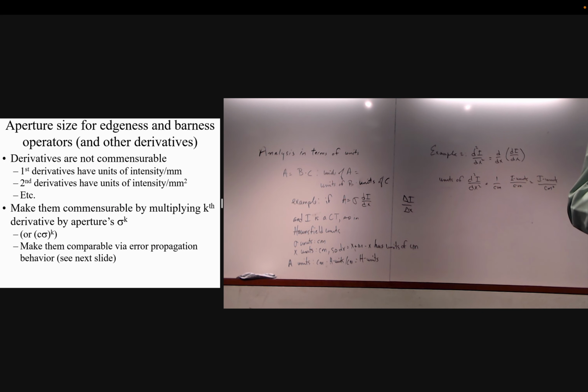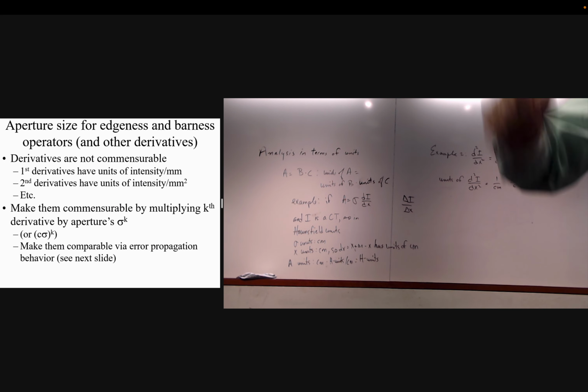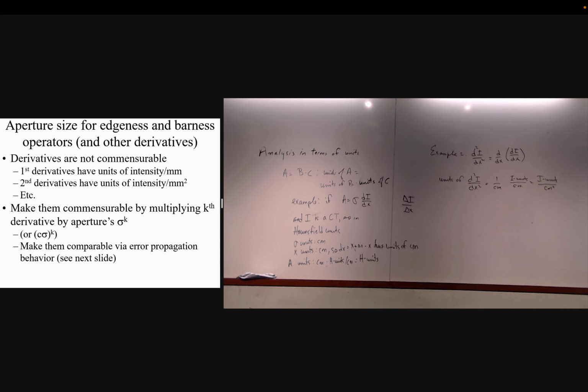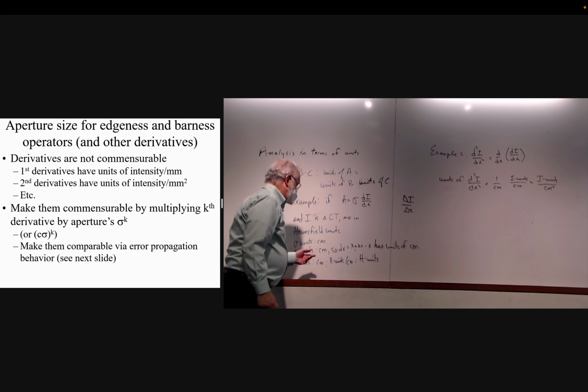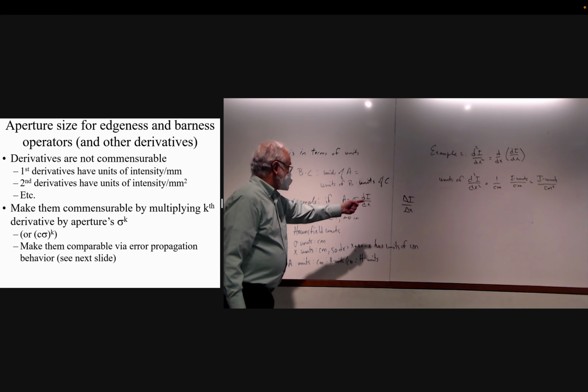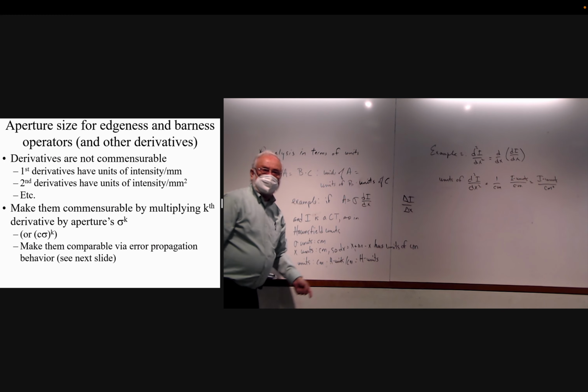If we have a camera, the intensity units may be lumens. If we have a CT image, it may be Hounsfield units, right? Those are the units that describe intensity in a CT image. And so I is in Hounsfield units, so delta I is also in Hounsfield units.